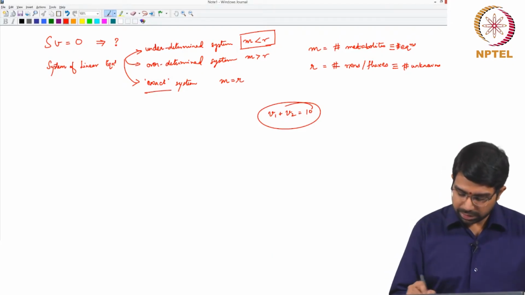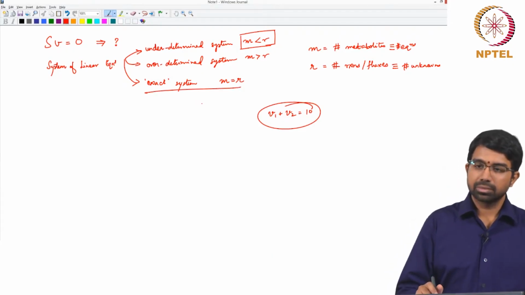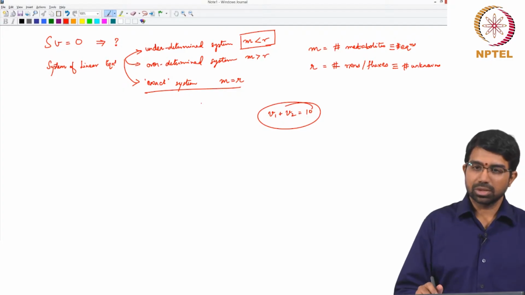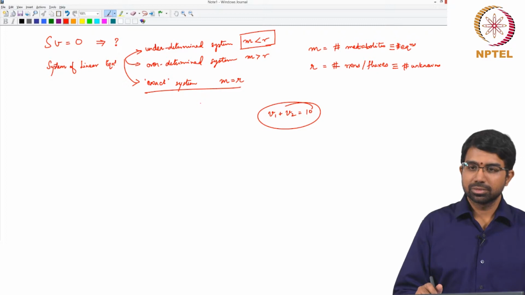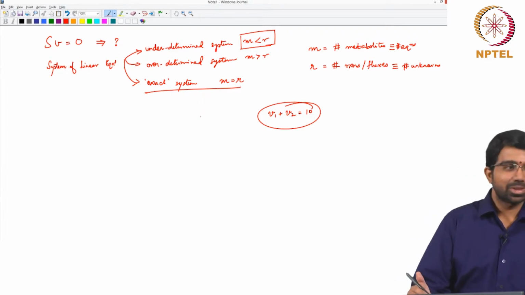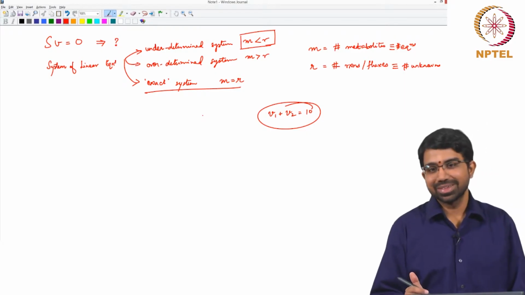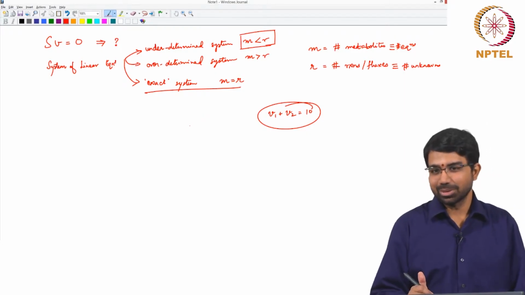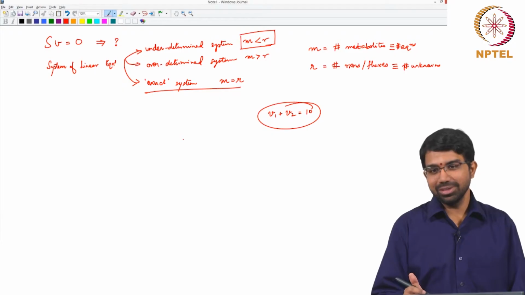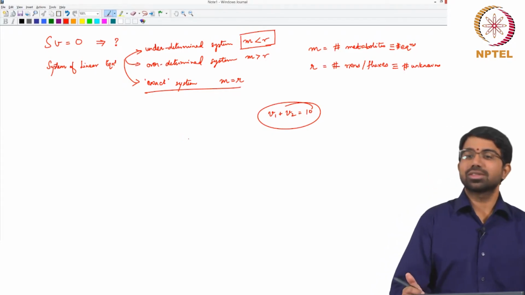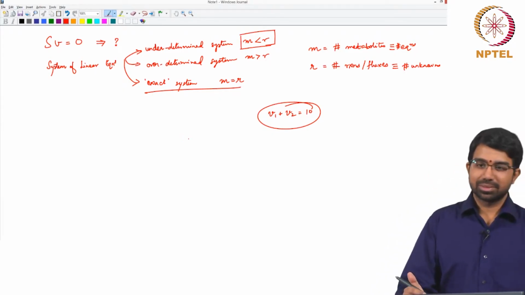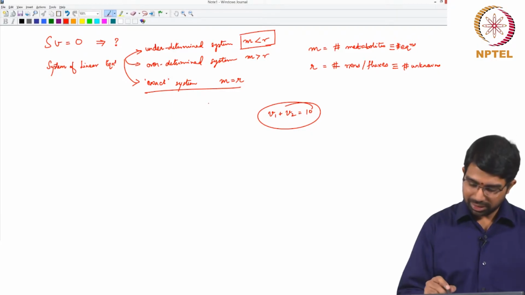What happens if you have an exact system? And what is the solution? All zeros. Okay, the right hand side is 0, right. So you know that all zeros is a solution, and therefore the solution, right.